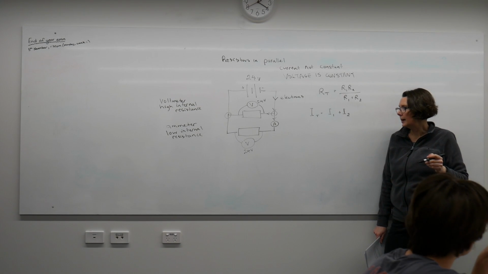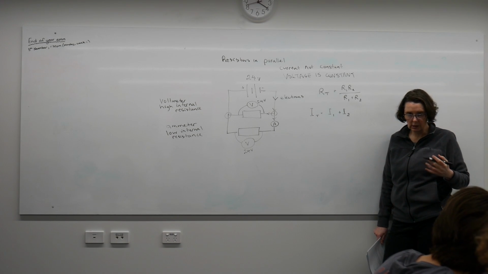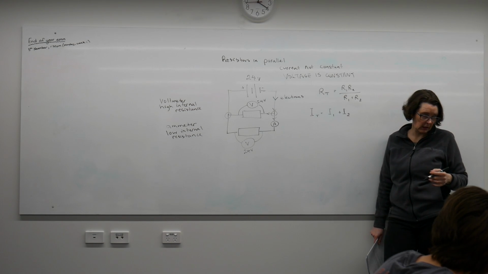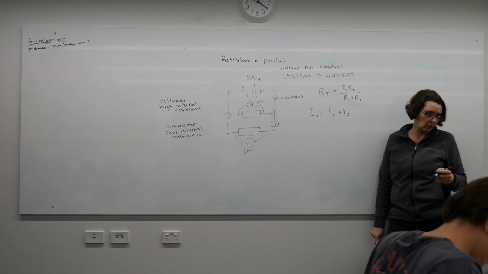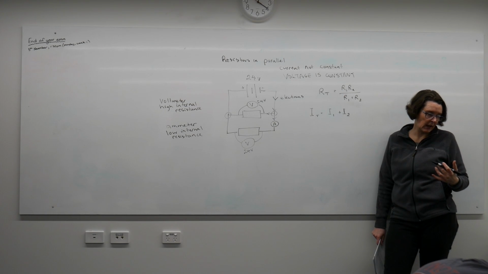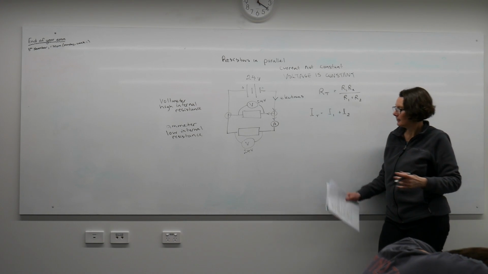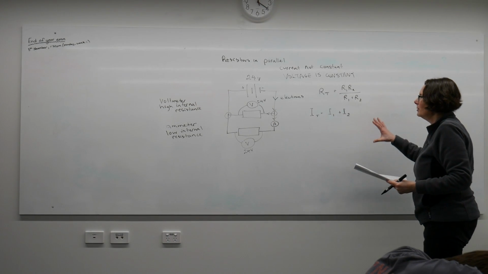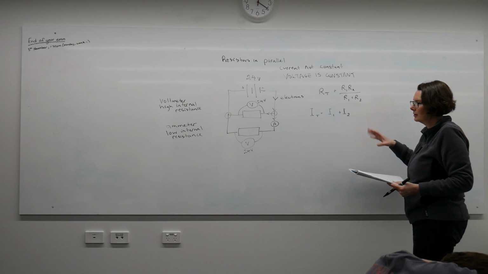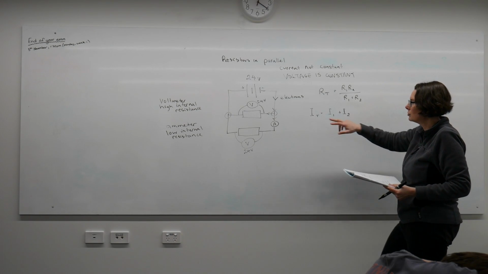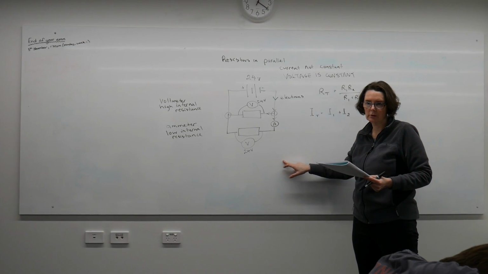Because the ammeter has very low internal resistance, it's not going to slow the electrons down while they're going through it, and it will give us an accurate reading of how fast they're going. Okay? Remembering here that current is the movement of positive charge, and what I've drawn though is the movement of electrons.